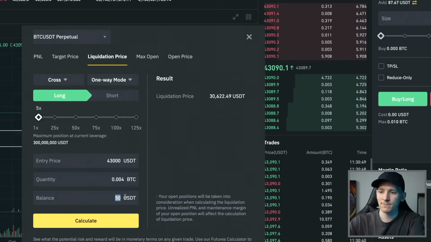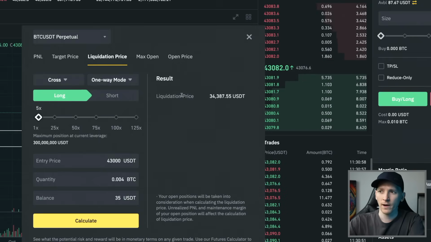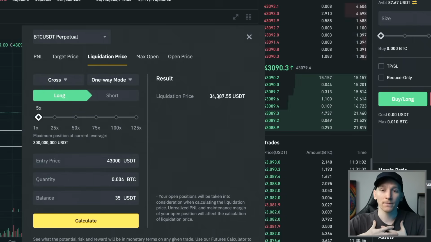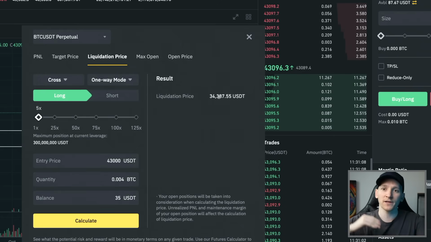We can actually put less money into the account, so that's insufficient here, so we'll go $35. That's about right. So our liquidation price would be 34,000. Our stop loss price is 38,000. That's good. Our stop loss is within our liquidation. We don't want our liquidation to be above our stop loss because we're taking too much risk.